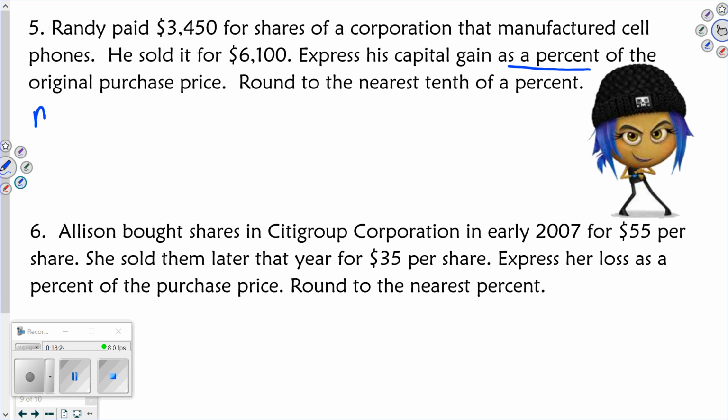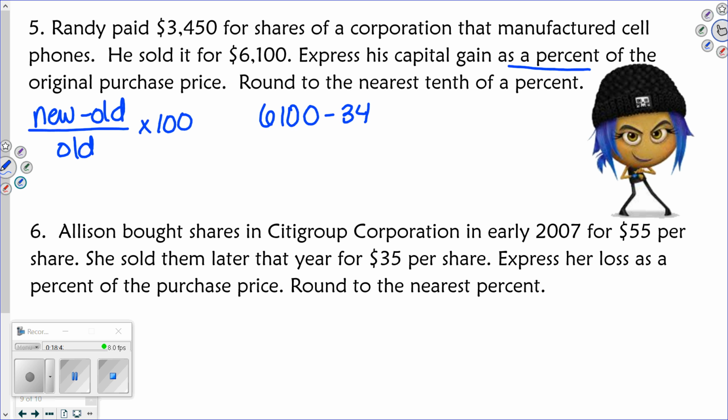It's the new minus old. All right, so which one is the new price? What he sold it for, good. So the 6,100 minus the old 3,450, divided by 3,450, times 100 to make it a percent.